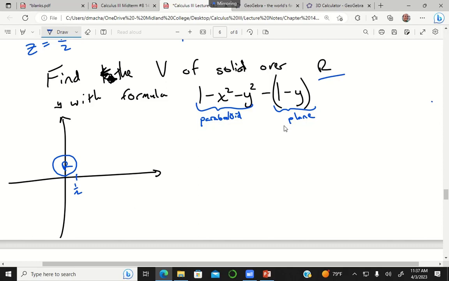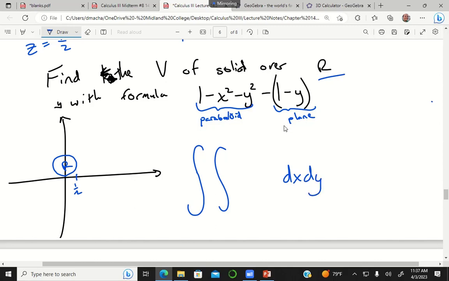The boundaries of that region are the intersections between the surfaces, and that's going to be a double integral. You've got to decide on some kind of order of integration. Let's just say dx dy for right now, and if it doesn't work, then we can try something else.